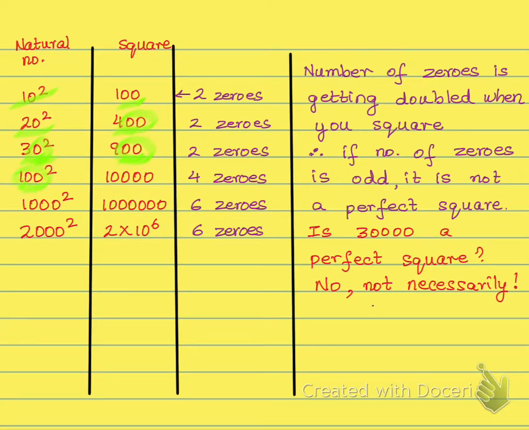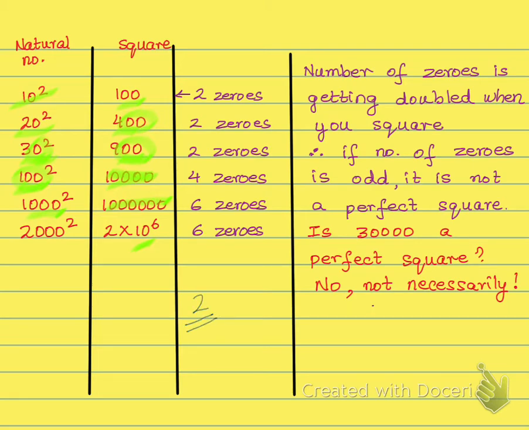2 zeros here, so that means I'm talking about 100 square. If you notice over here, there are 4 zeros. 1000 square, 6 zeros over here. So what is happening is every time the number of zeros is getting doubled. Doubled means it's a multiple of 2.